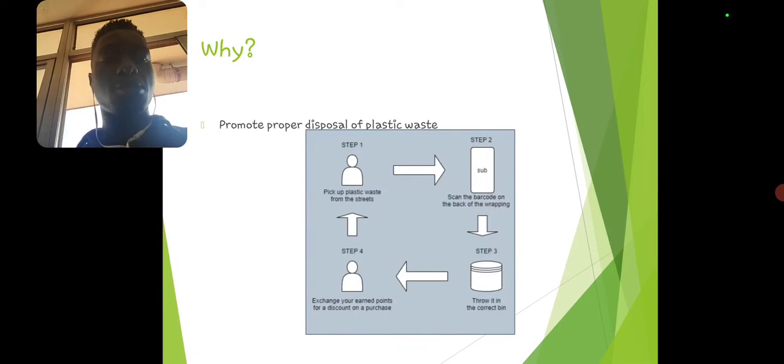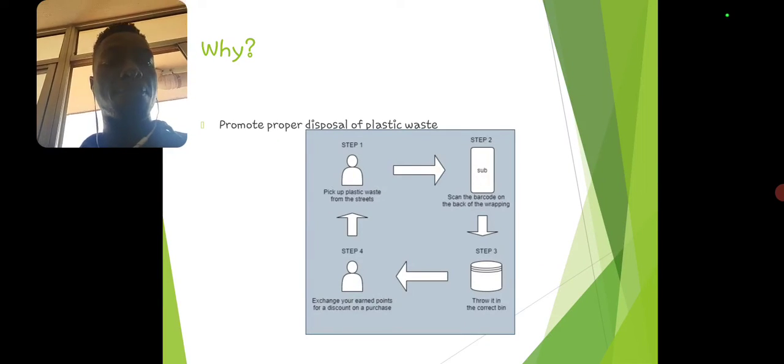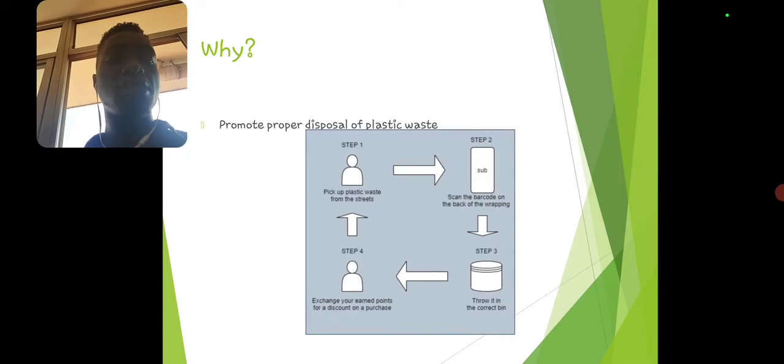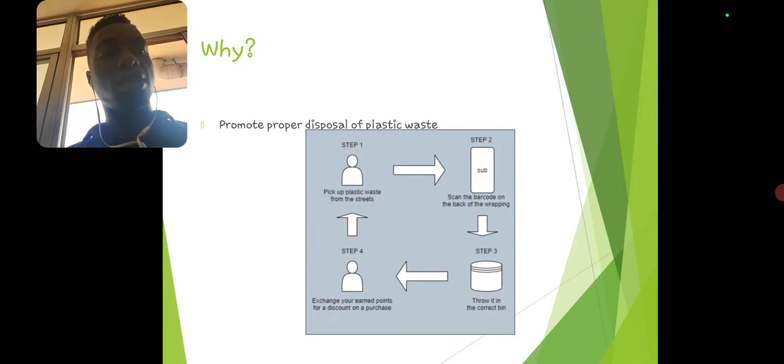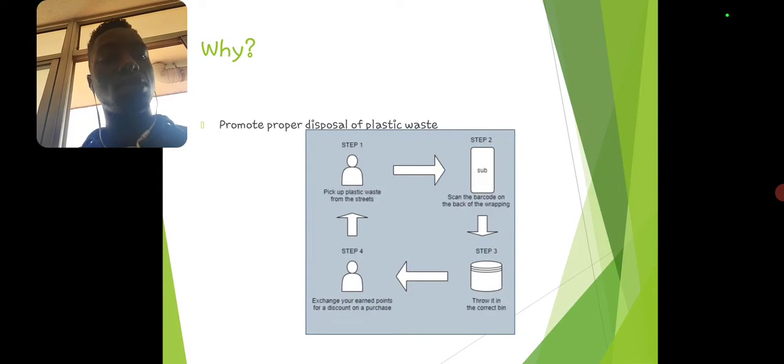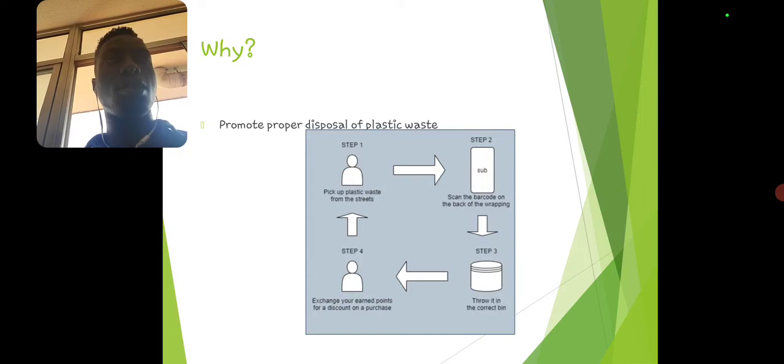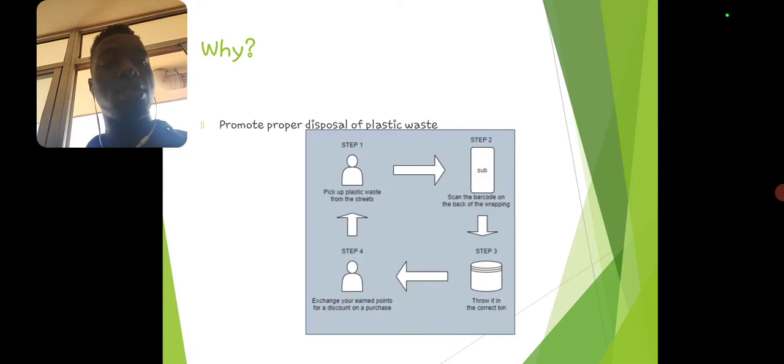Why are we doing this project? We want to promote the proper disposal of plastic waste. The first step, after a person has used a plastic bottle, is to pick it up, scan the barcode with the Android phone, and then scan the barcode on the trash bin.